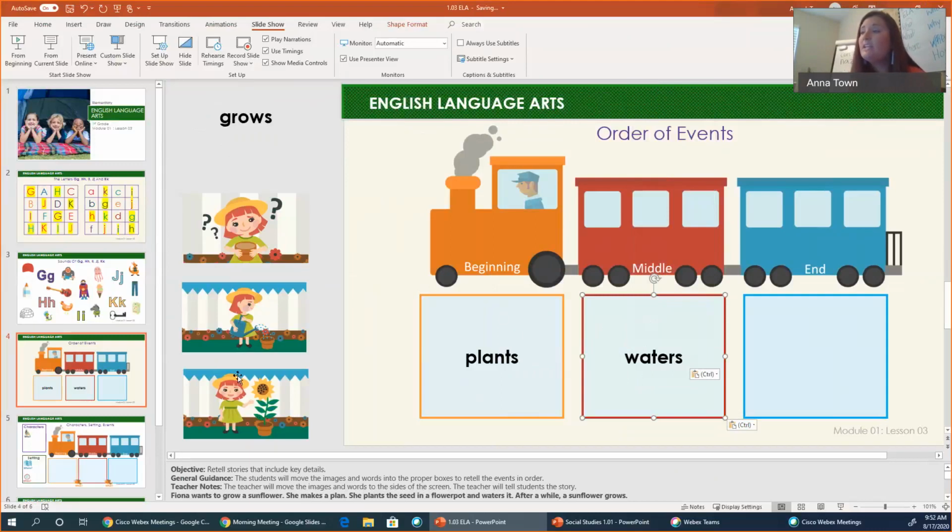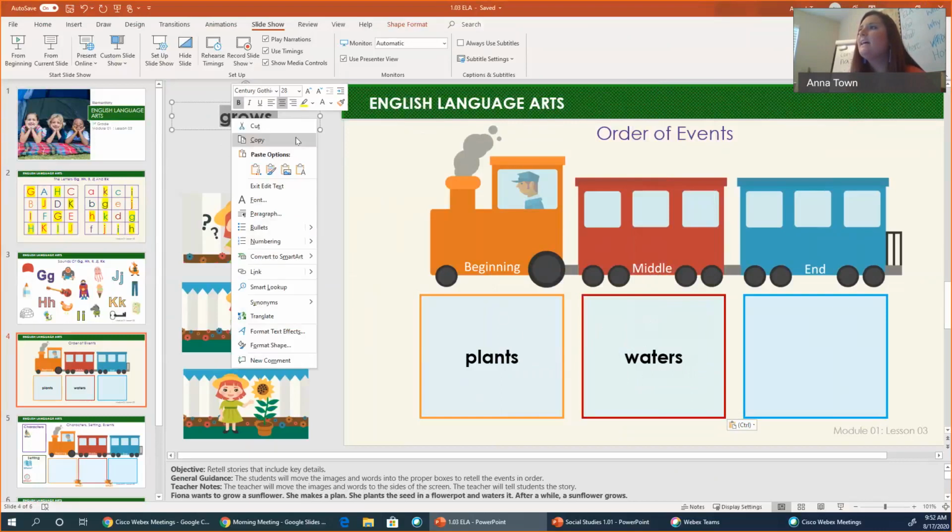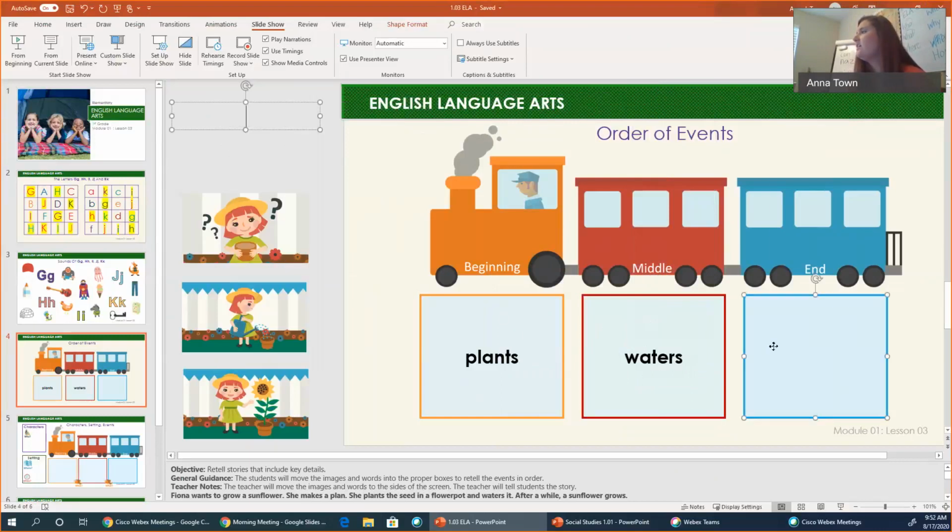The plant grows. That is the end of our story. First, the girl planted, then she watered the seeds, and then the seeds grew. Beginning, middle, end. This is called order of events or the sequence of a story.